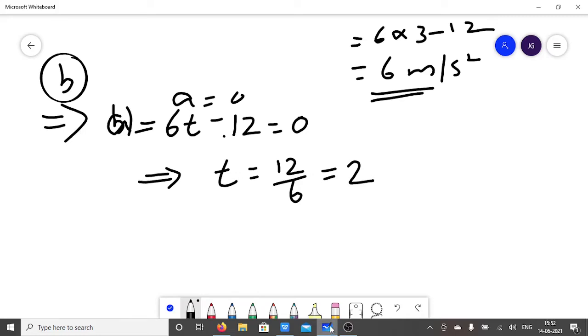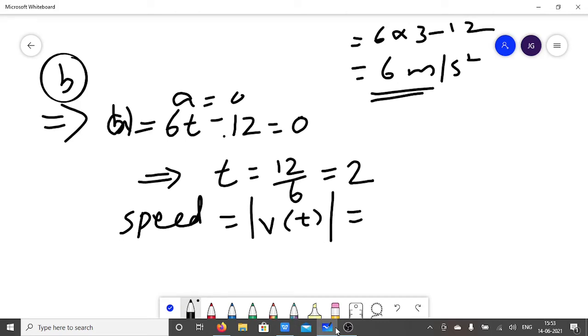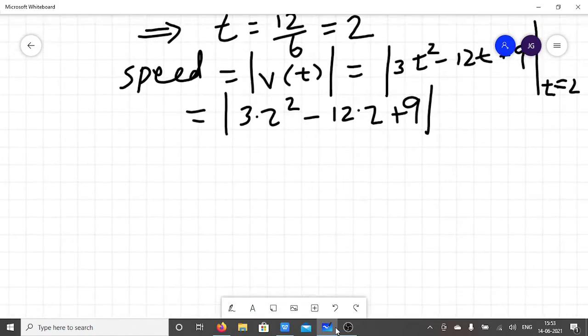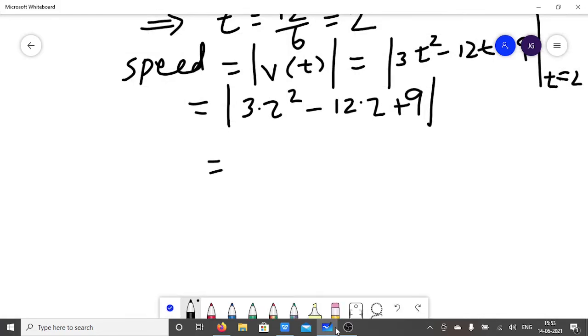Now we have to find the speed. Speed is equal to modulus of v of t, which is equal to modulus of 3t square minus 12t plus 9 at t equal to 2, which is equal to 3 into 2 square minus 12 into 2 plus 9. 3 into 2 square is 3 into 4, which is 12, minus 12 into 2 is 24 plus 9.